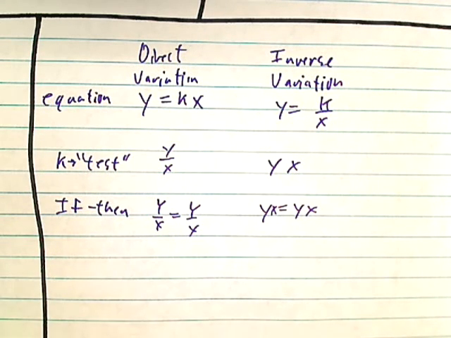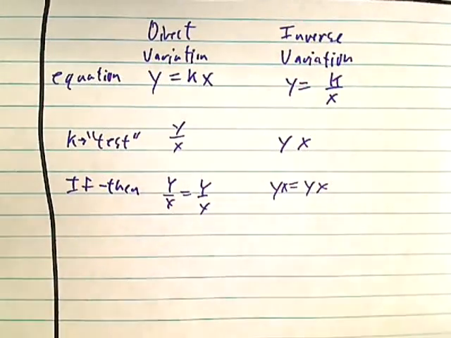Okay, that was a bunch of just boring equations and whatnot. So let's look at an example of a situation where we have inverse variation. This stuff happens all the time.